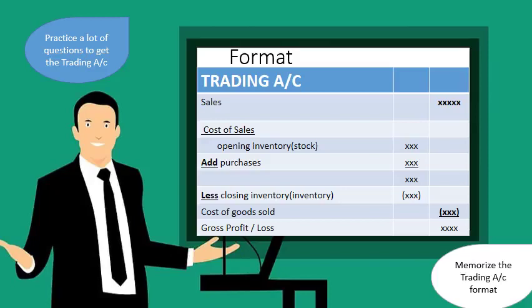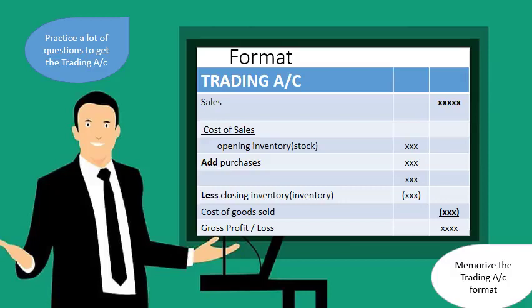Then we say less closing inventory. Closing inventory is saying we sold goods in this month or in this period or in this year. We sold goods, but then there were goods that were not sold.